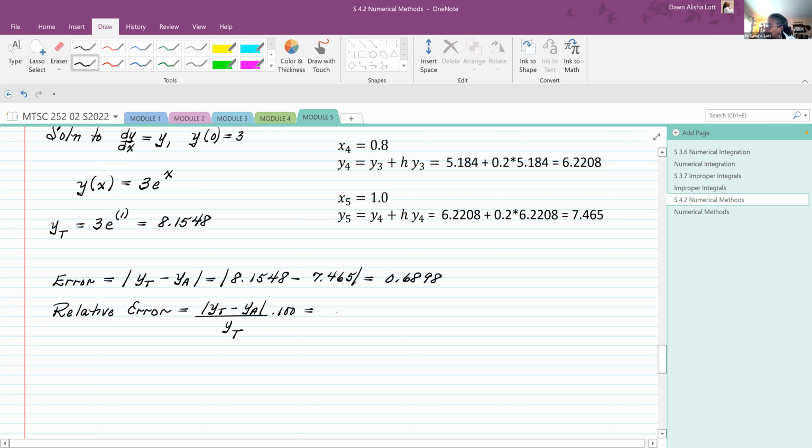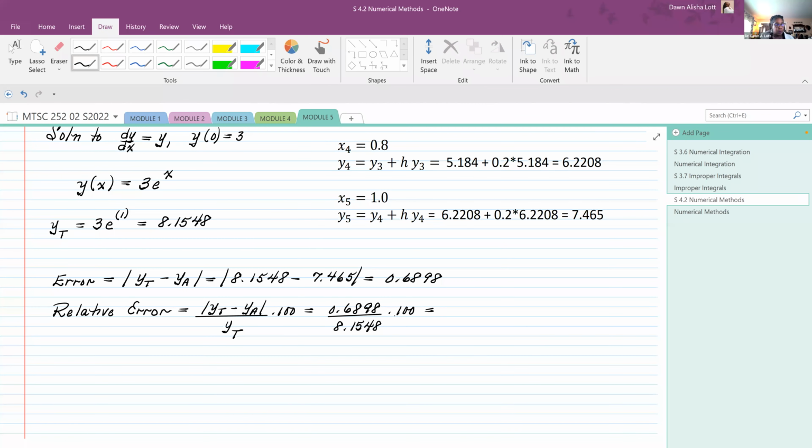So that's going to be 0.6898 divided by 8.1548 times 100. So that's equal to approximately 8.46%.